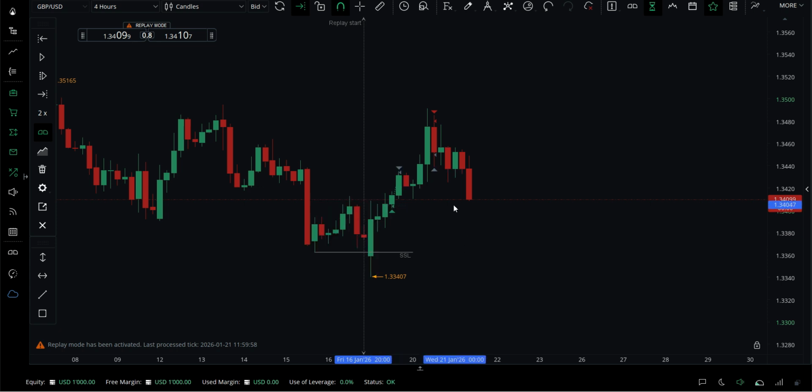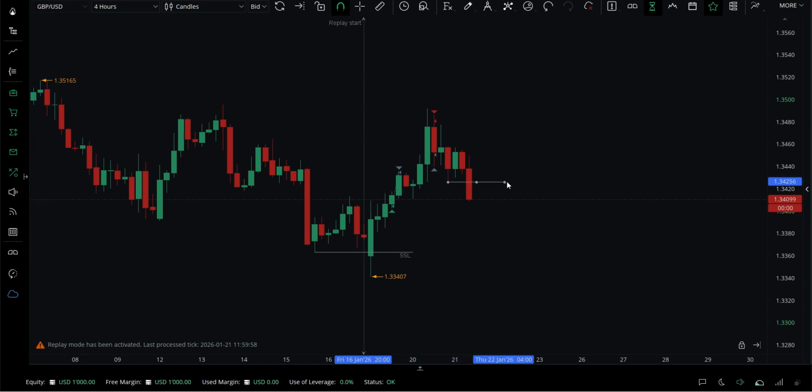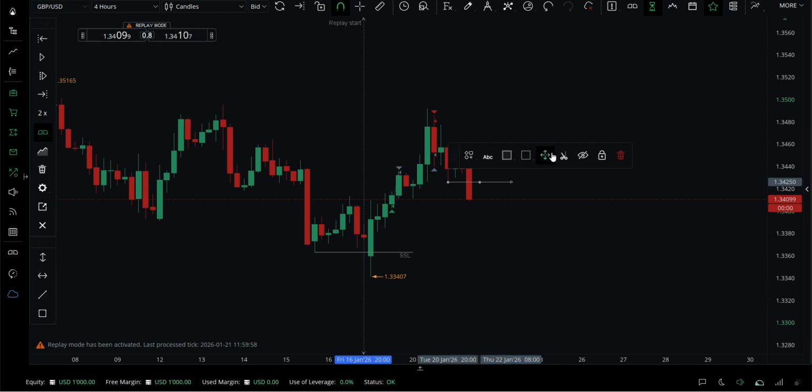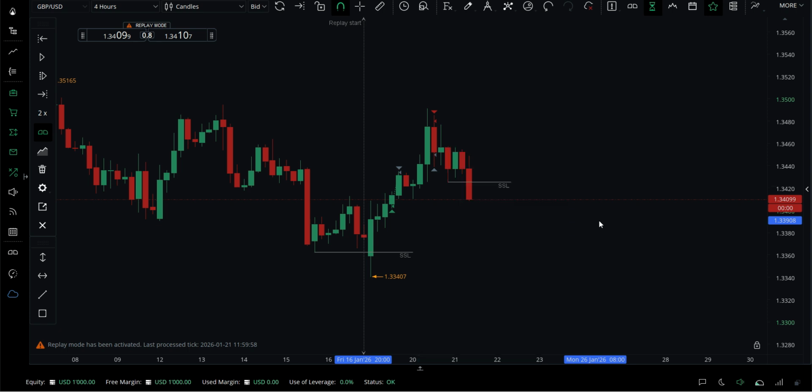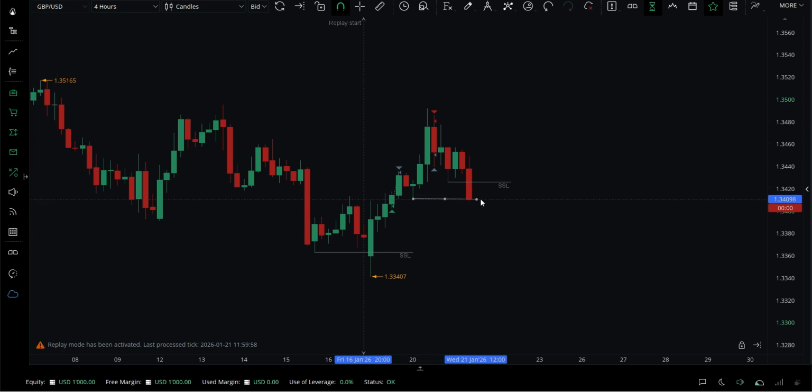On Wednesday, by the close of this 4-hourly 8 o'clock candle, you'd notice that price had traded through this area of sell side liquidity. And through this area as well. Right here.